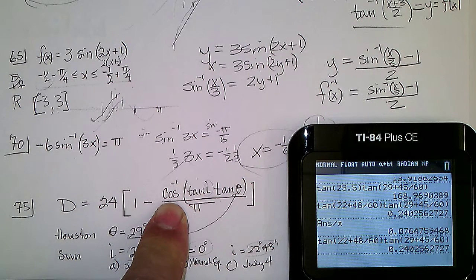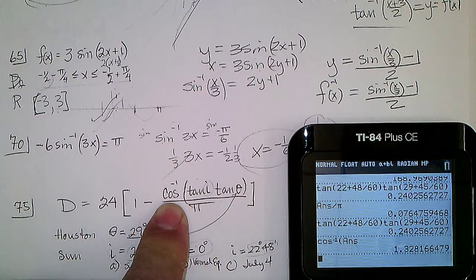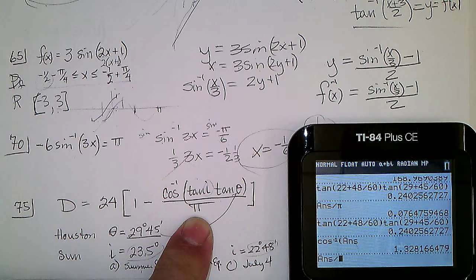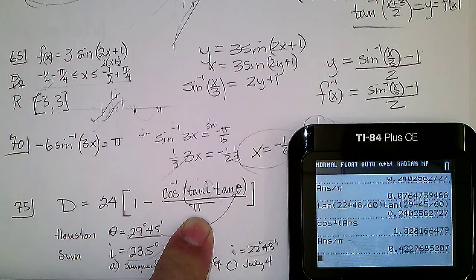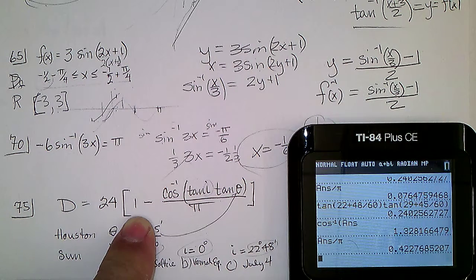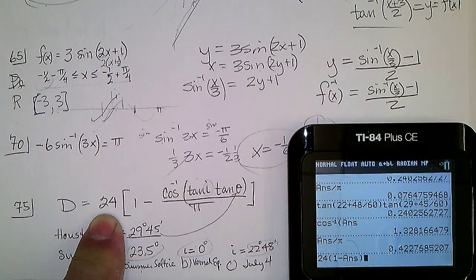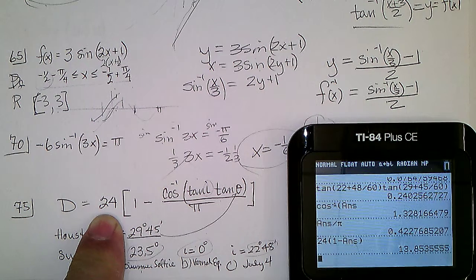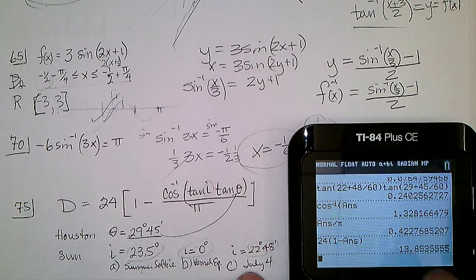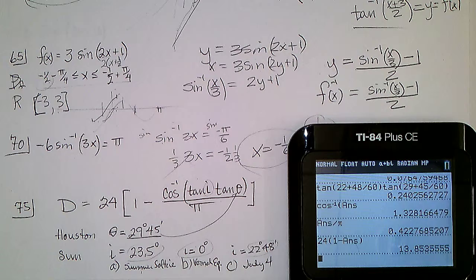Now I got to take the cosine inverse of that last answer, and then divide that by pi, and then subtract it from 1 and take it times 24. So 24 parenthesis 1 minus that answer, and I get 13.85 hours of sunlight on July 4th. Okay?